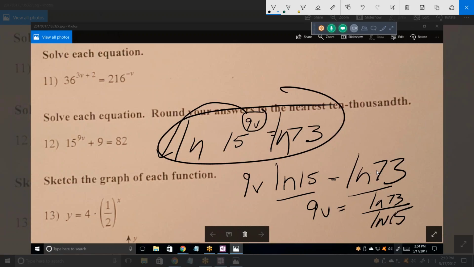Divided by? Yeah, in other words, that's just a number. So I'm dividing both sides by natural log of 15. Yep. Okay, I see that. Okay. And now v is equal to that divided by 9.